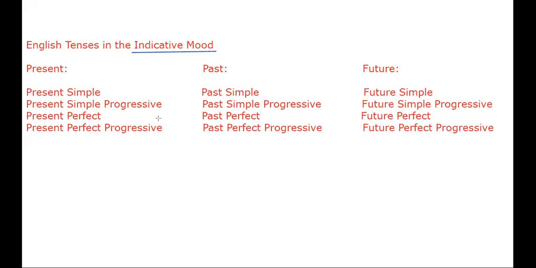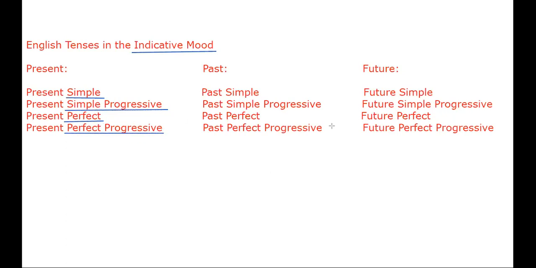So the present tense. First, I should explain the different aspects here. We have three tenses, right? And we also have four aspects that we can combine with any of these tenses: simple, simple progressive, perfect, and perfect progressive.